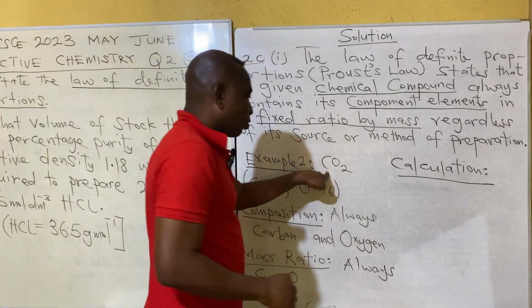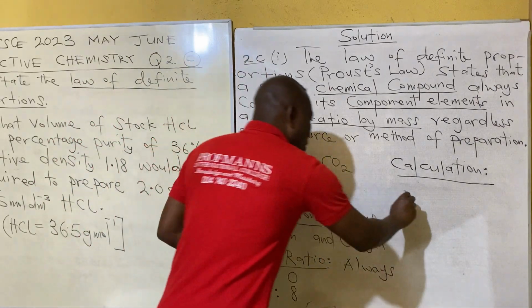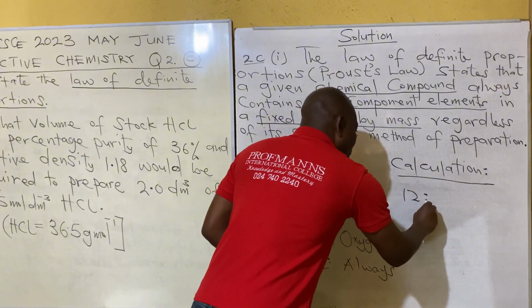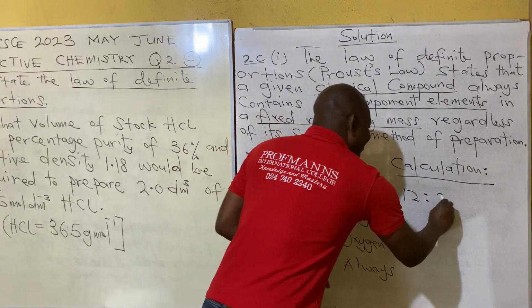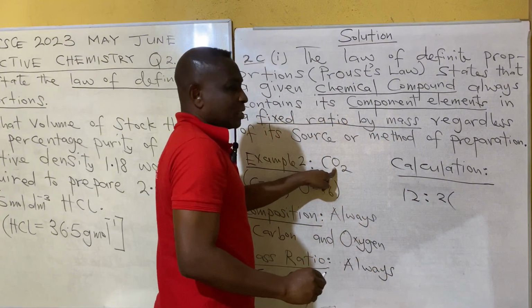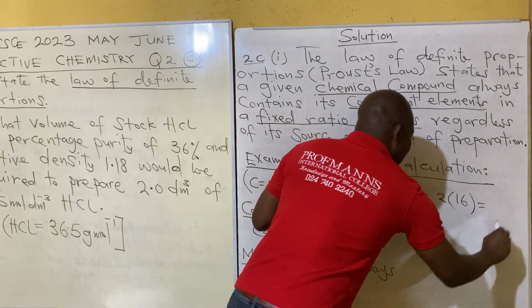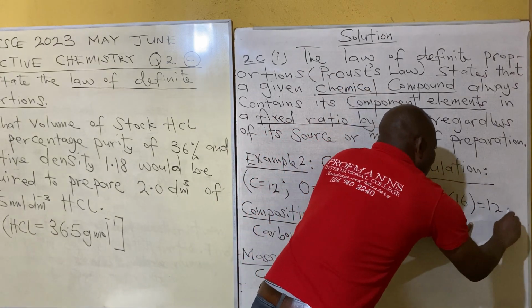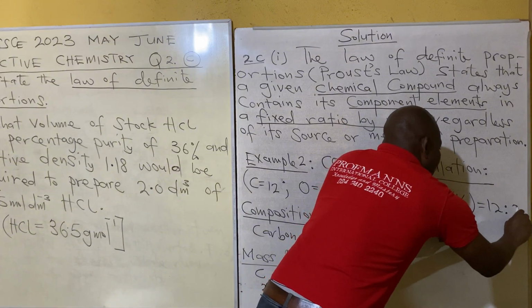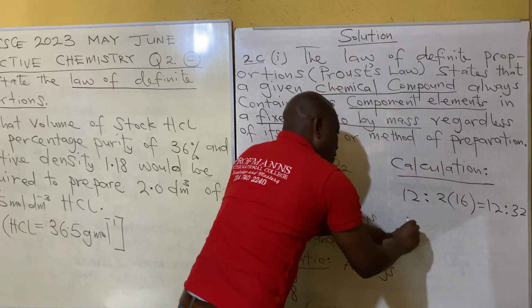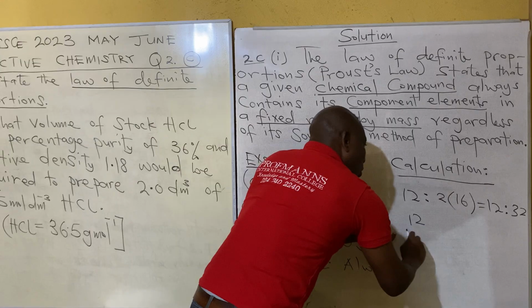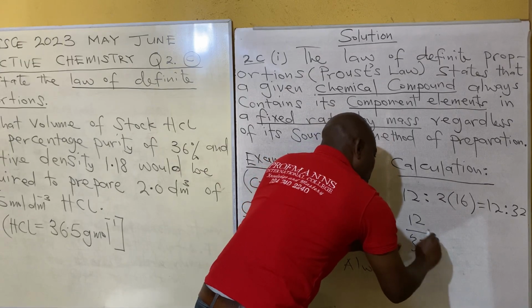Here we have 1 atom of carbon, which is 12, and 2 atoms of oxygen, that is 2 times 16. This gives us 12 is to 32. Converting to a fraction, we have 12 over 32.